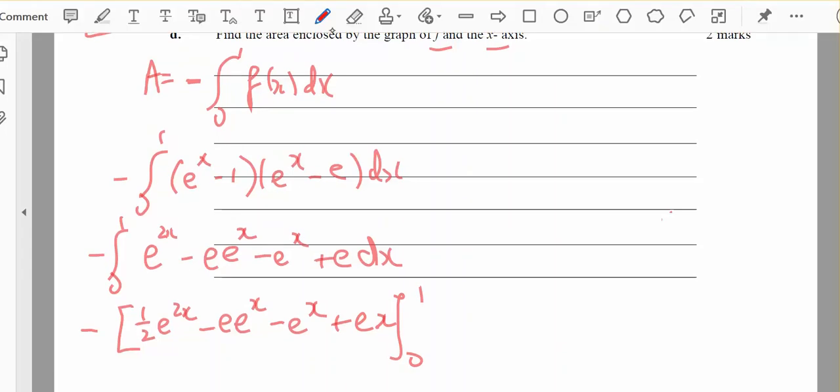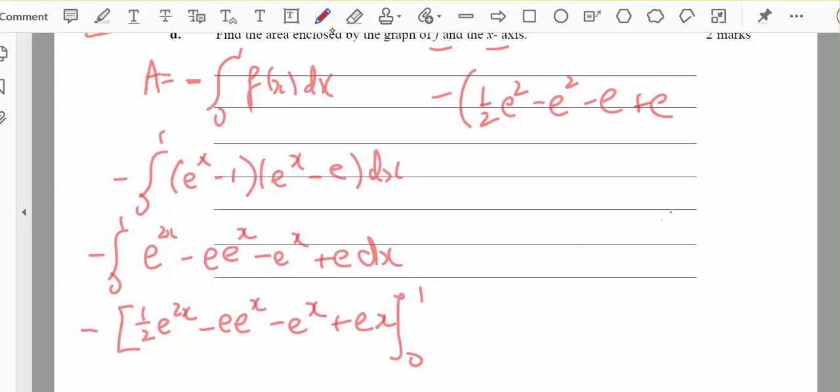Okay, so now subbing in, I've got minus, I'm going to have a half e^2, then minus e^2, then I'm going to have minus e^1, and then plus e^1.